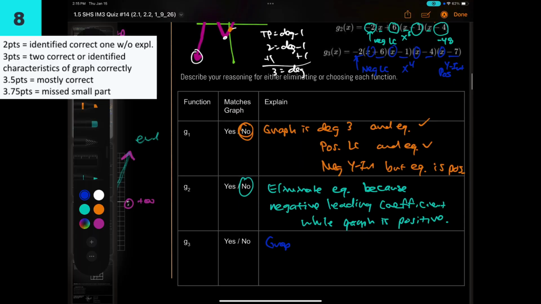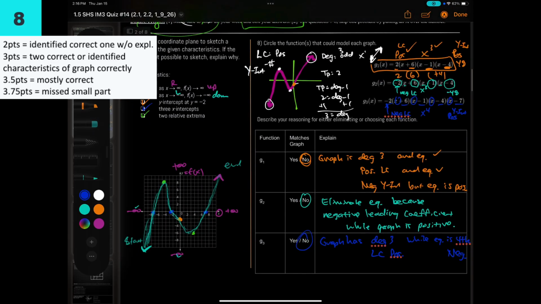Okay, so this graph has degree 3. Leading coefficient is positive. That's what the graph has. While the equation is a 4th degree. That's why we're choosing no. And also the equation has a negative leading coefficient, so that doesn't match. Okay? Here is the grading scale for that problem.